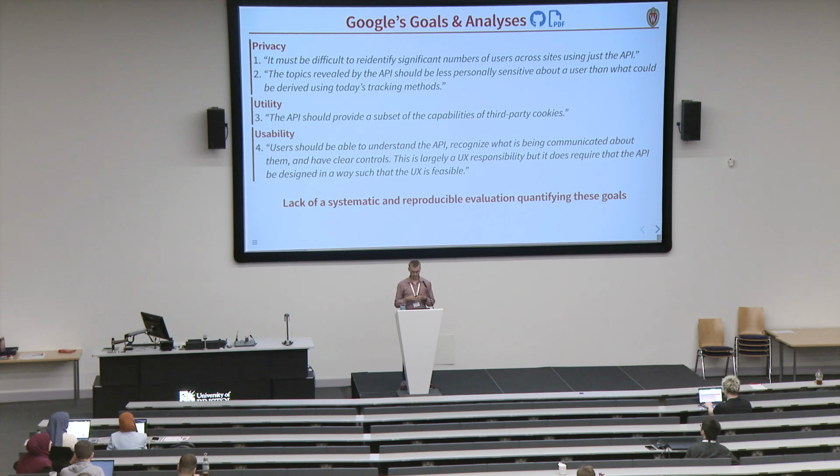So we observe a lack of systematic and reproducible evaluation, and this is important because the results reported by Google were done on a private data set that we as researchers cannot reproduce. Utility and usability were totally left unexplored, and so there was a disconnect between Google's claim and Google's evaluation.